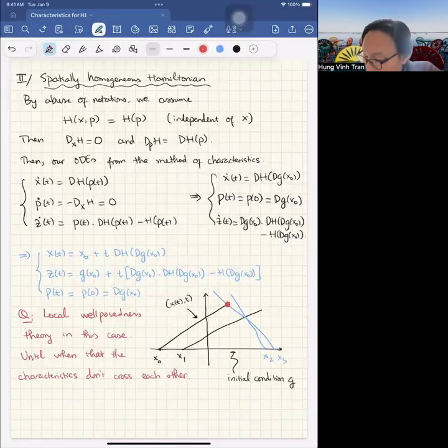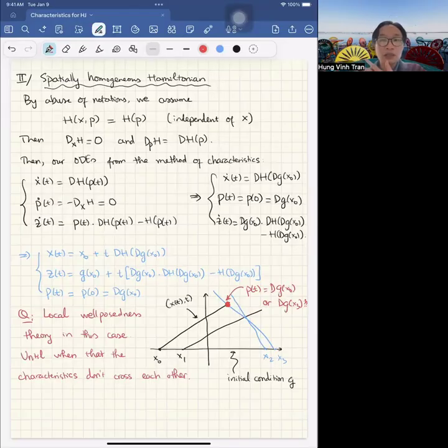So at this given point, let me write, p would equal dg of x naught, or p would equal dg of x3 at that intersection point. It's not clear, right? And from the situation, you see that dg of x naught and dg of x3 must be two different vectors.